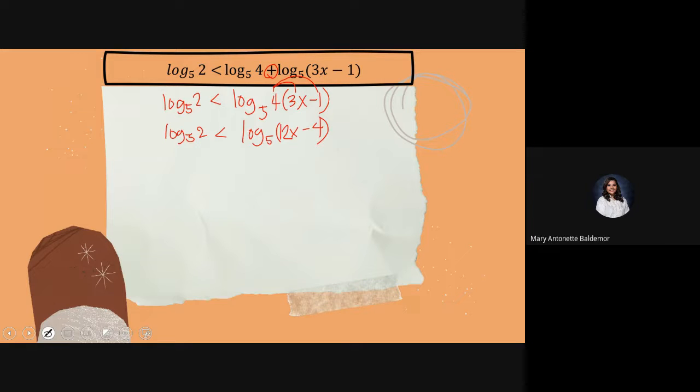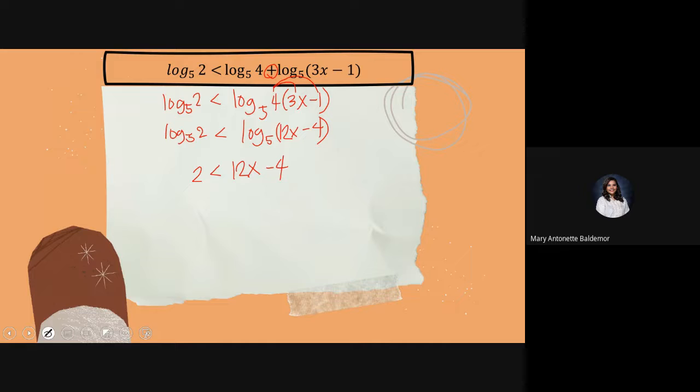Since both sides have the same base, we can now solve for the value of x. So 2 is less than 12x minus 4.